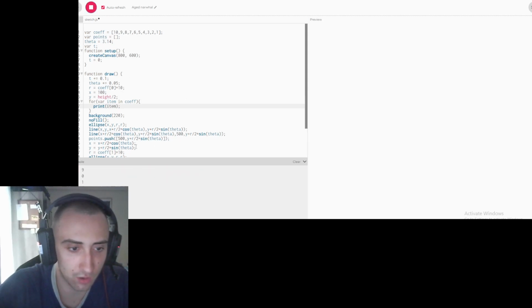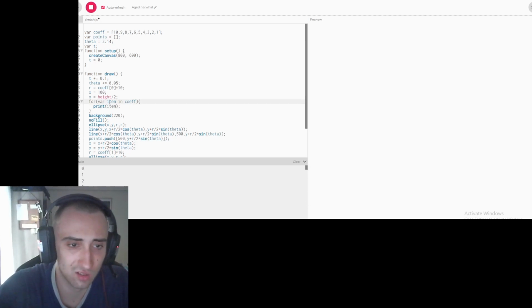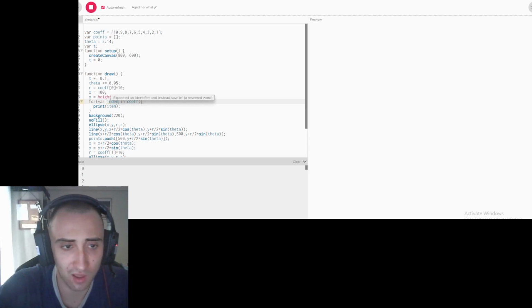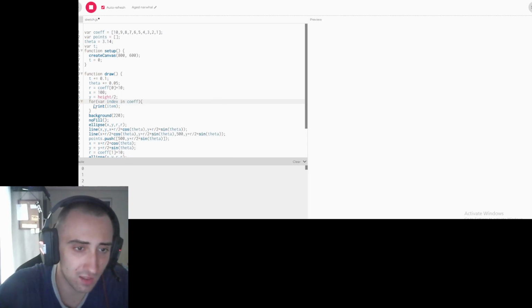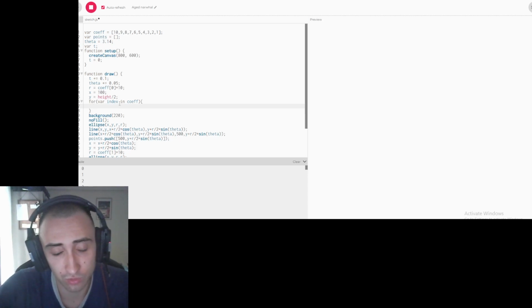It prints 0, 1 point. Why does it do that? I mean, I don't need the index. Whatever. So coefficient index. Okay.